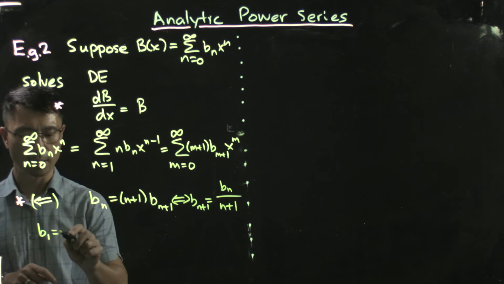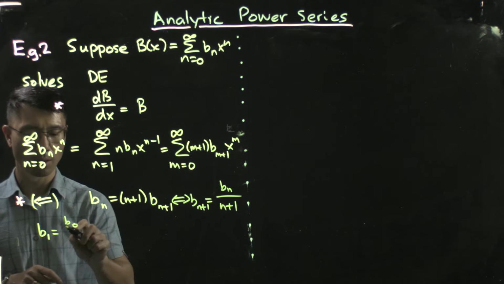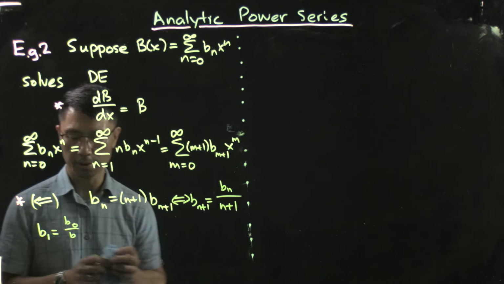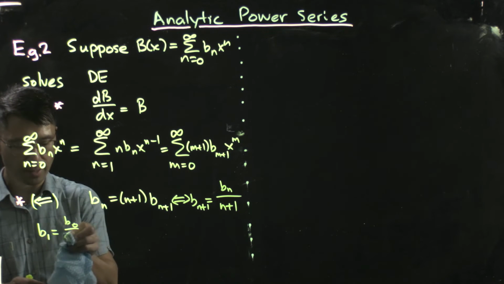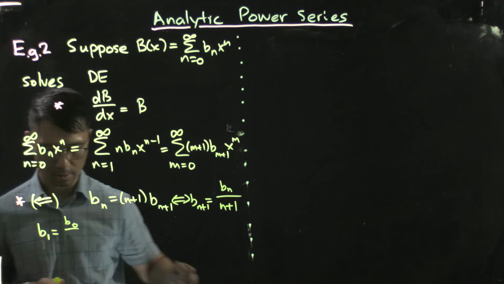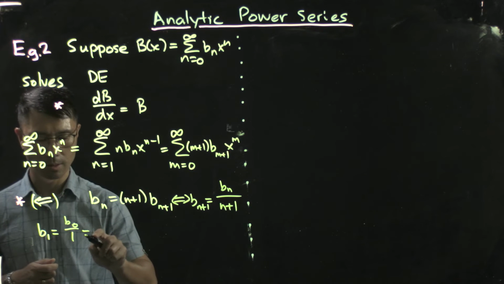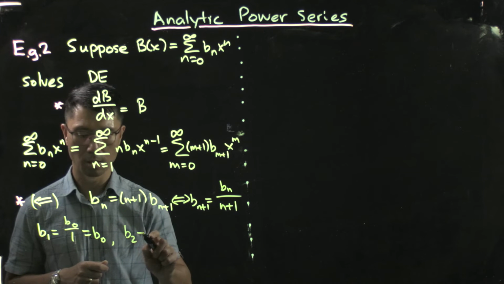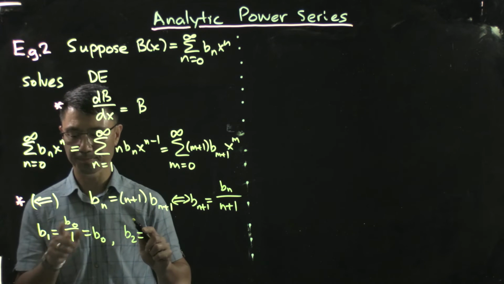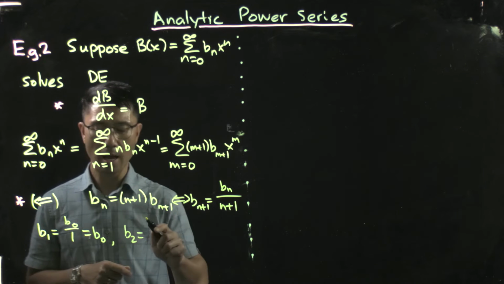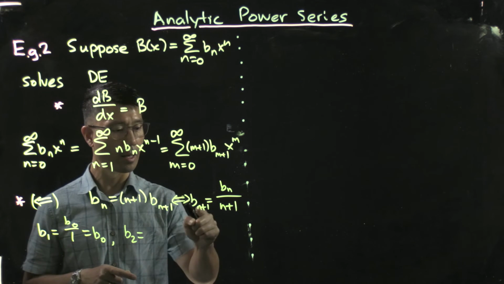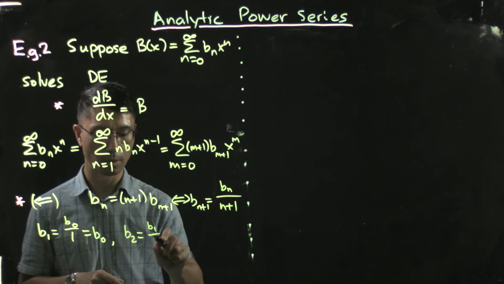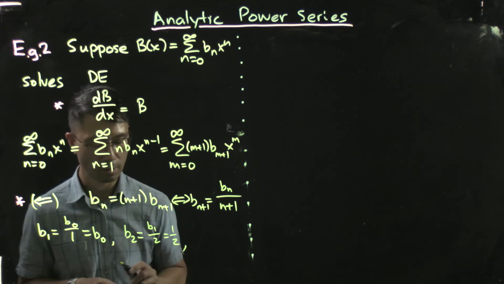So b1 is b0 on 1, which basically means it equals b0. b2 is you take b1, which is also b0, and divide by 2, so b2 equals b0 on 2, a half.